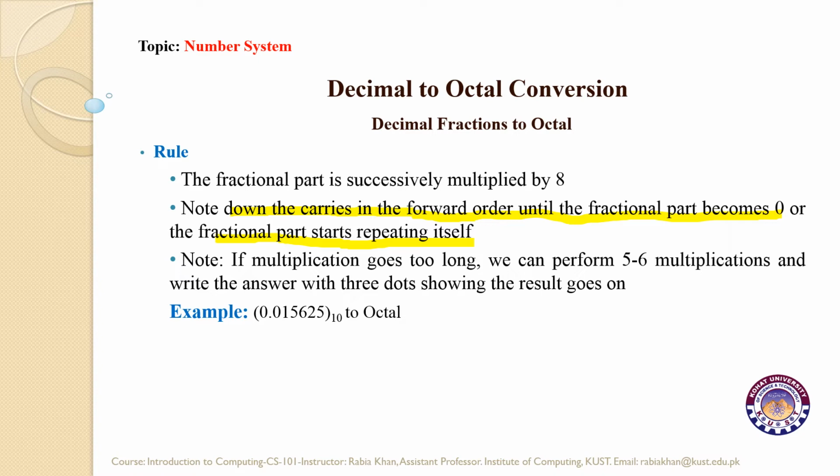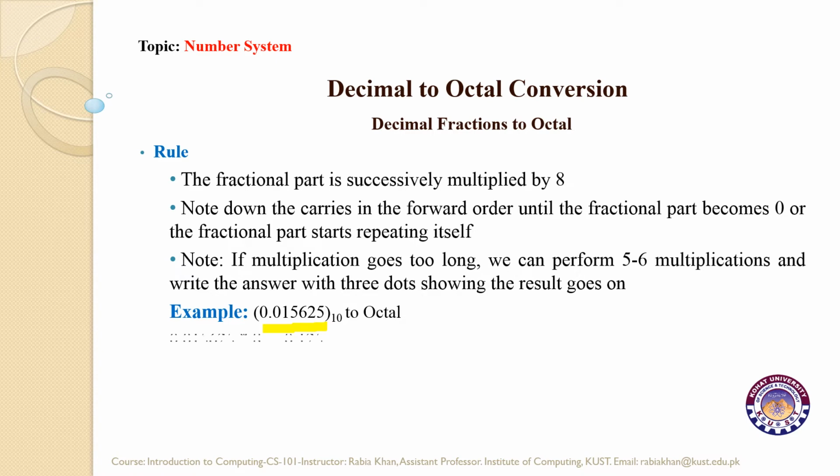So let's apply these rules on an example. We are given a decimal fraction 0.015625, and we are to convert it to octal number system. As you know, the method is repeated multiplication by 8.